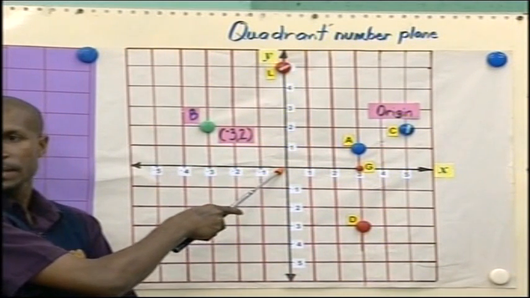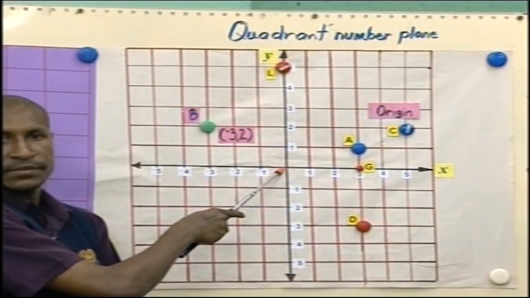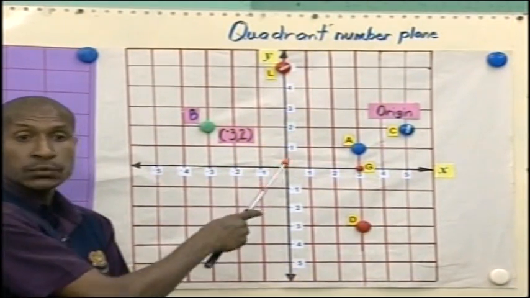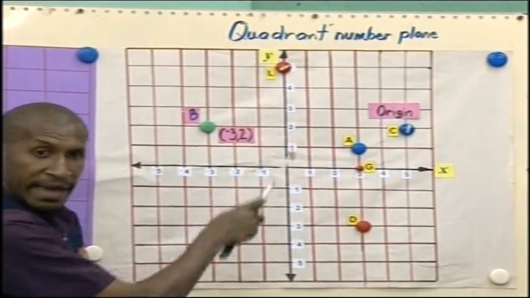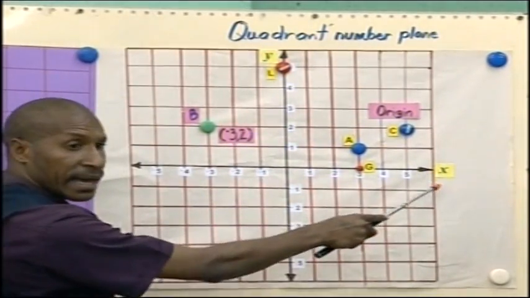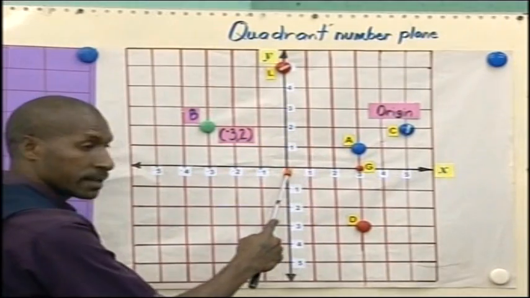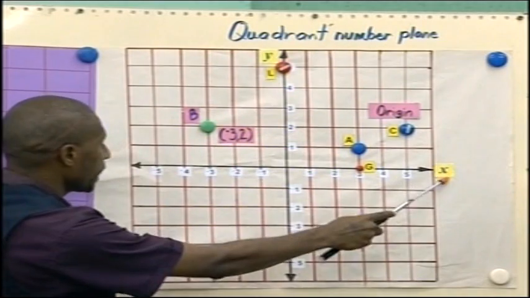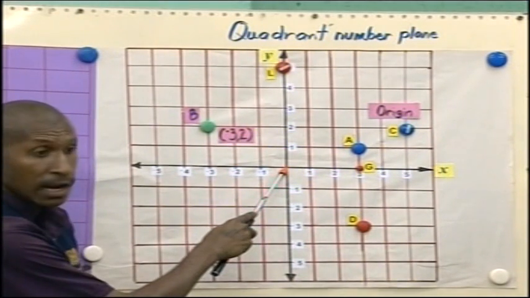What do you others think? Yes, receiving students and 7 is, this is the origin. The origin is where the y-axis and the x-axis intersect.